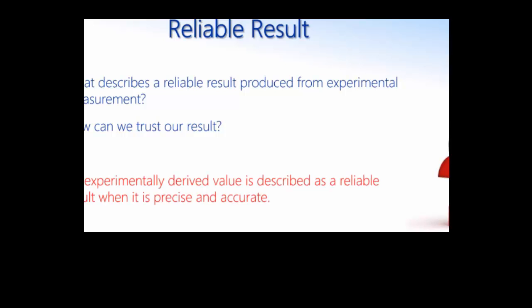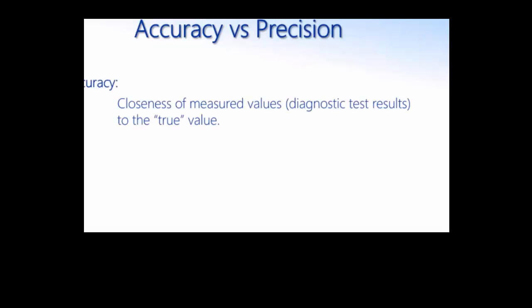Well, one definition says that an experimentally derived value is reliable, precise, and accurate. So accuracy is defined as closeness of measured values, diagnostic test results, to the true value.